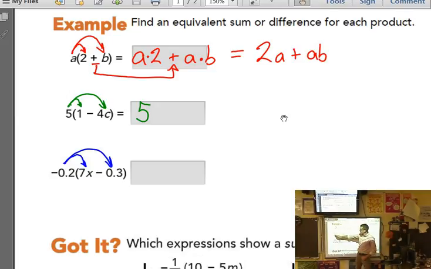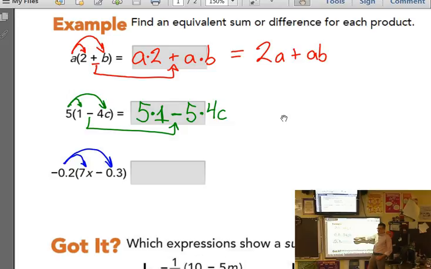The first arrow is just 5 times 1. You bring your minus. And my second arrow shows me 5 times 4c. Each arrow is multiplication. When we draw the arrows, we're notating what's going to connect through multiplication.